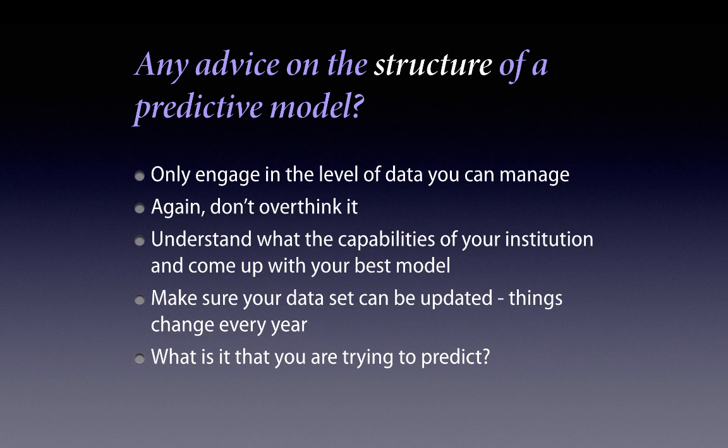You're always looking at a dependent variable, and the dependent variable is, what is it that I'm trying to predict? What is it that I'm trying to measure student behavior toward? If you're in admissions, my dependent variable is almost always who is going to enroll. In retention, it's who's going to retain to what point X. So it's not always graduation either.